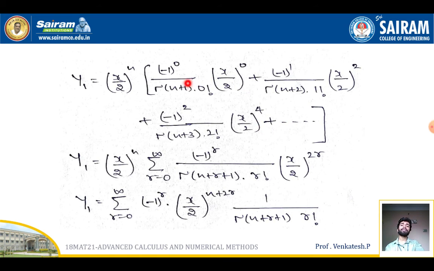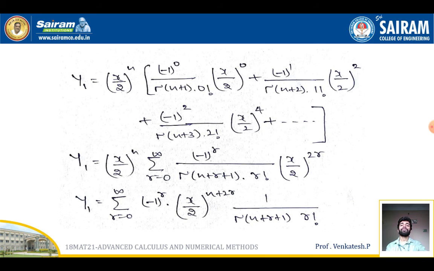Now if I apply summation to this equation, I can write it like this, keeping x by 2 whole power n here only: summation r from 0 to infinity, minus 1 power r by gamma of n plus r plus 1 into r factorial, x by 2 whole power 2r. If I expand this summation with respect to r is equal to 0, 1, 2, 3, I will get the same equation again. So I'm taking this term 2r again inside, and I get y1 is equal to summation r from 0 to infinity minus 1 power r x by 2 whole power n plus 2r into 1 by gamma of n plus r plus 1 into r factorial.